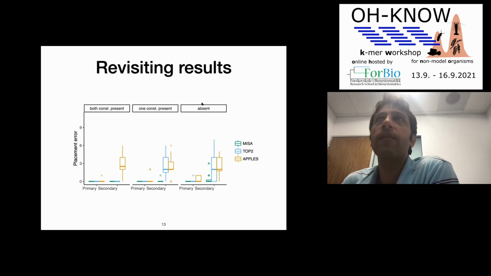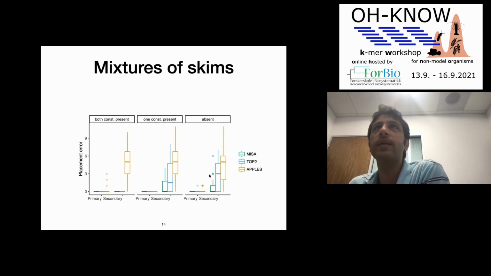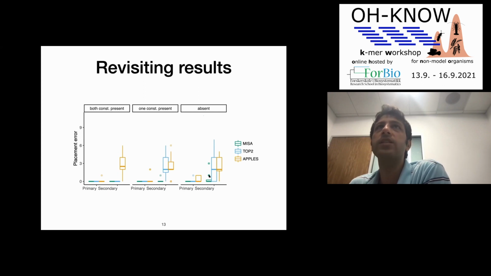When both of the constituents are absent, so neither one is present, again, we find one of them correctly every single time. And for the second one, we find it most of the time correctly. Sometimes we are one edge away. There is one case when we are 3 edges away.